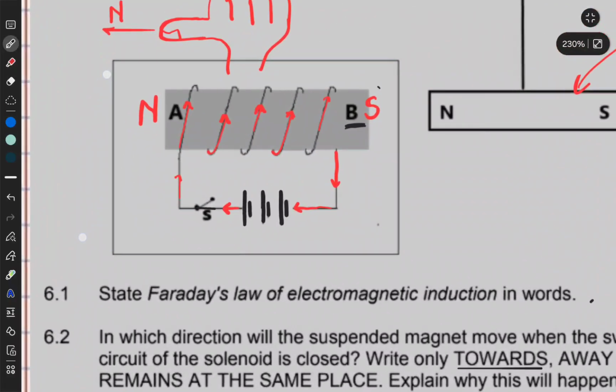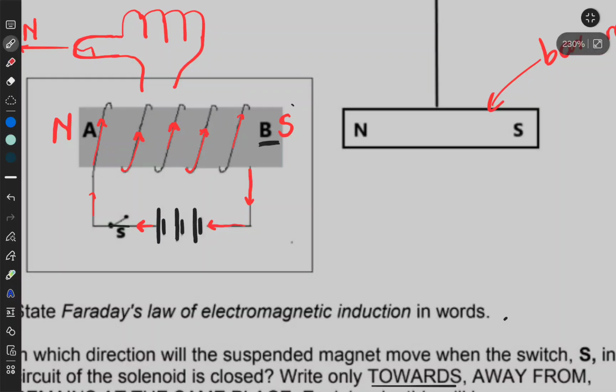For instance, one of the things in that list that you can do to increase the induced EMF is to increase the speed of the coil. But here the coil is fixed, so you can't mention that. It won't work, because in this particular situation we are not using speed.